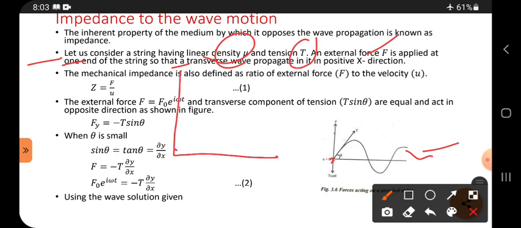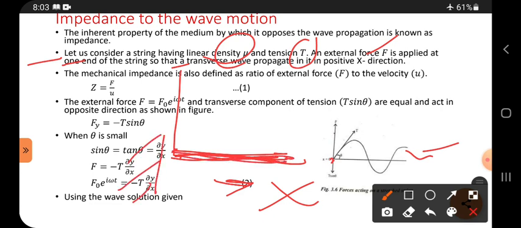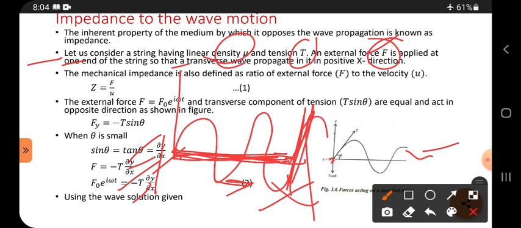See here, it is fixed here, and initially it is like this, along the positive x axis. Now suppose it is considered from here to here. This side is rigidly supported, and at this end I am holding, applying a force. Then if I move up and down, up and down, it starts producing a wave like this.